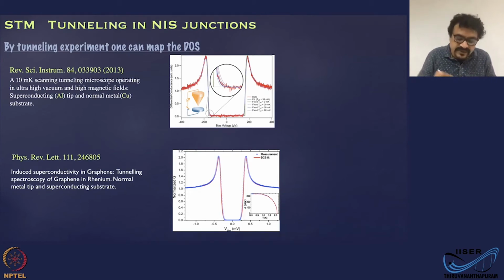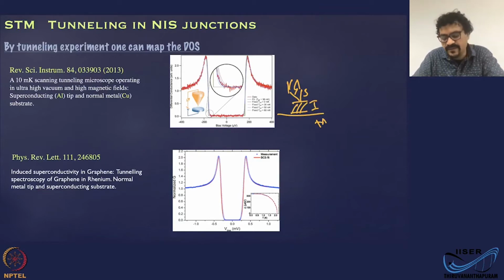In this case, you have a tip which is superconducting and a substrate which is normal, and the gap is basically the insulator. So it's an NIS junction or SIN junction. It doesn't matter in whatever order.